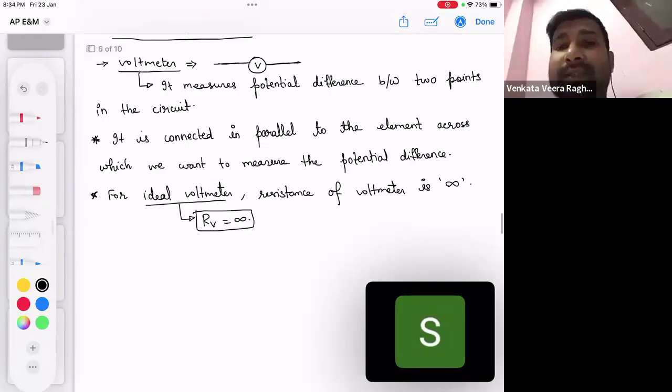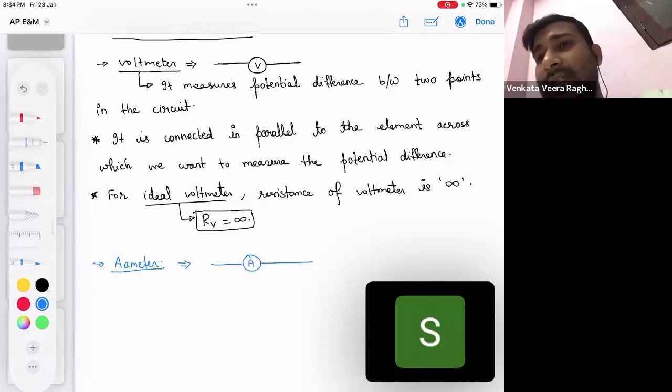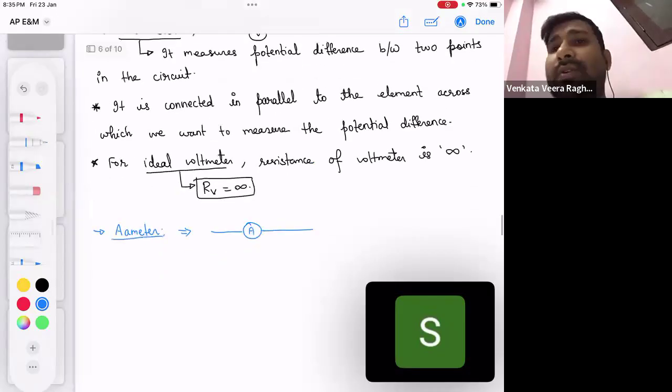Okay, next one is the ammeter. What will be the symbol of the ammeter? Same thing, but we just write A here. What does an ammeter do?